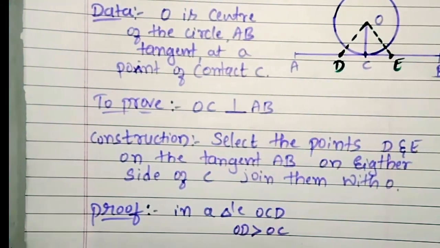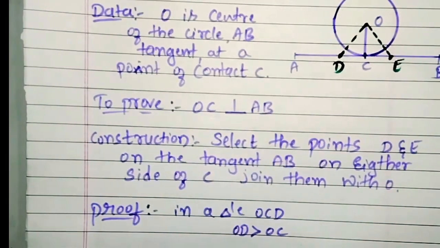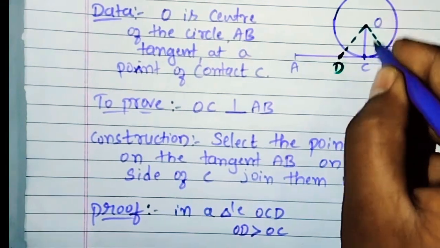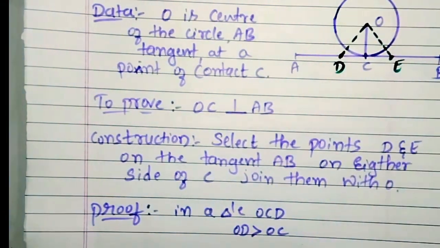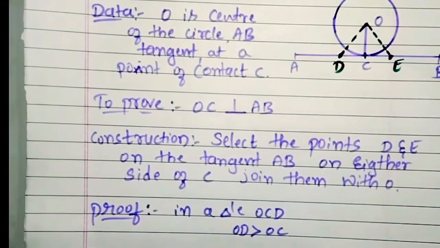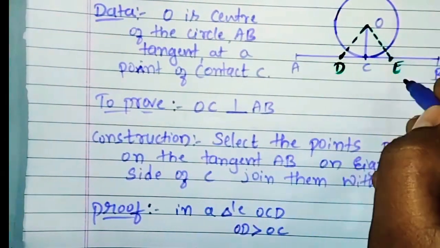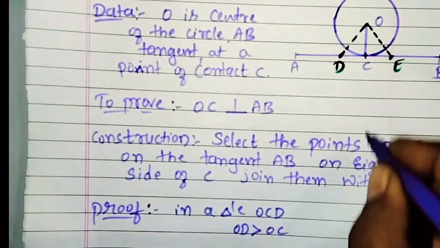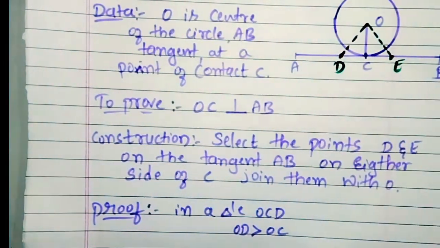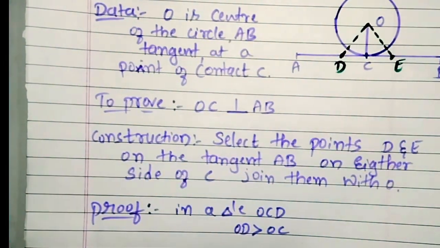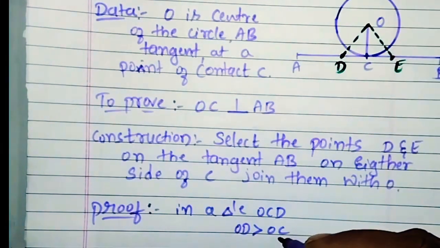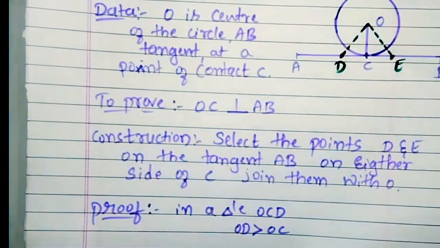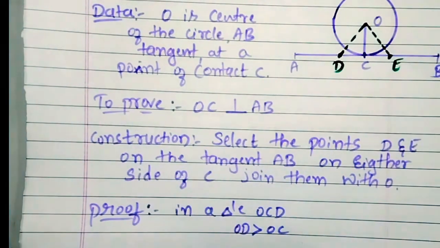Now, similarly, in triangle OCE also, OE is greater than OC. Is it right? OD is greater than OC and OE is also greater than OC.